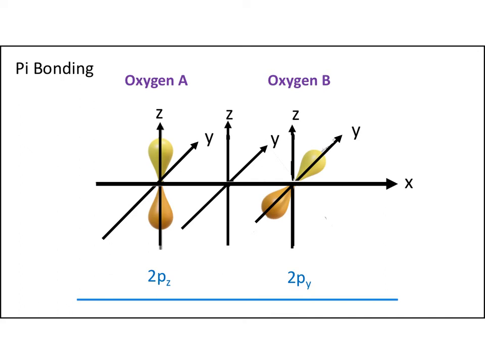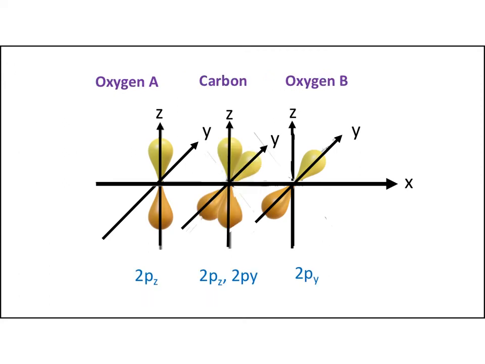I've just shown those orbitals there and we will now come in with our carbon. Remember carbon has not used the 2pz or the 2py. So it would make sense for the carbon 2pz to bond with oxygen A's 2pz, and oxygen B's 2py to bond with carbon's 2py orbital.